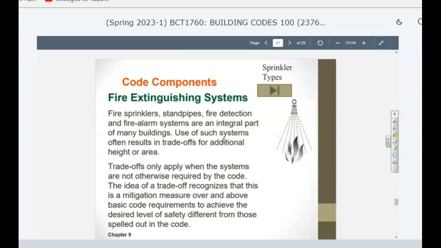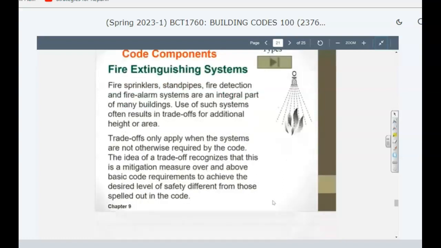The use of such systems often results in trade-offs for additional height or area. This trade-off is how you can get a bigger building. Trade-offs only apply when systems are not otherwise required by the code. The idea of a trade-off recognizes that this is a mitigation measure over and above the basic code requirements to achieve the desired level of safety different from those spelled out in the code.